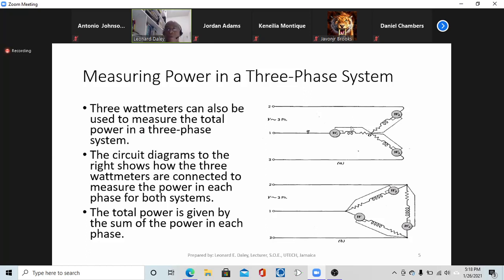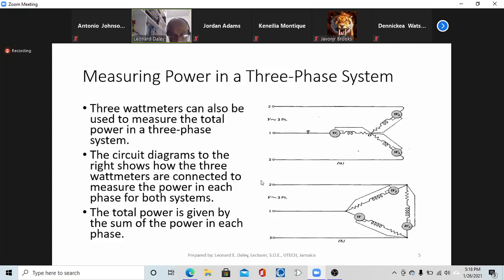So you just find what's happening in each phase and add them up. So these are all single phase watt meters and they're connected in each phase, right? So the top circuit is for a star system, and the circuit below is for a delta system. So 3 watt meter method.